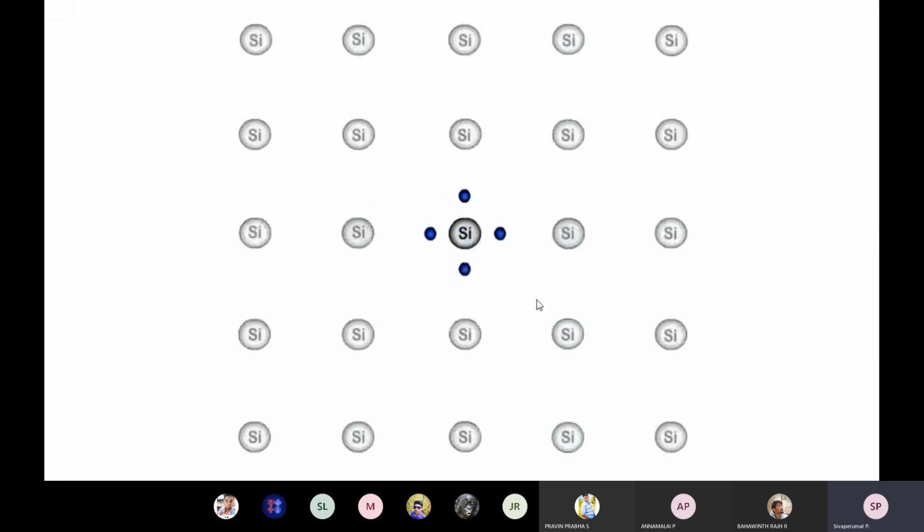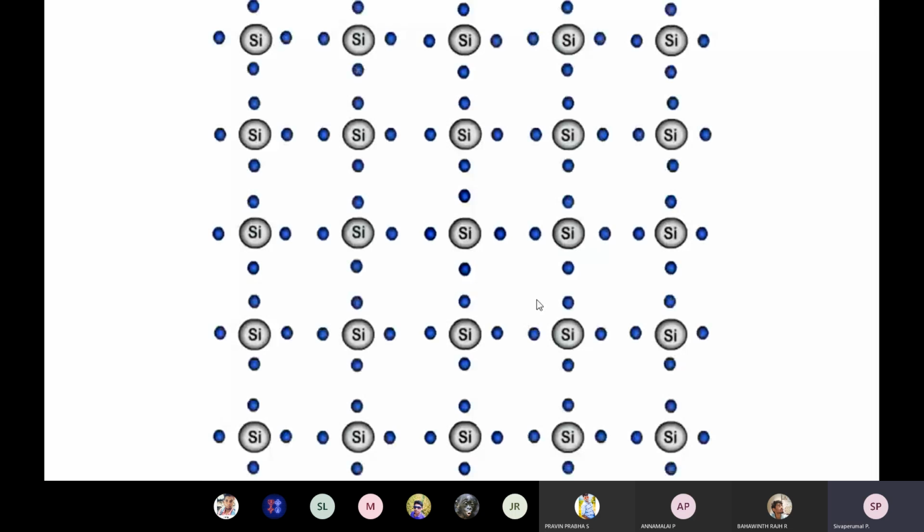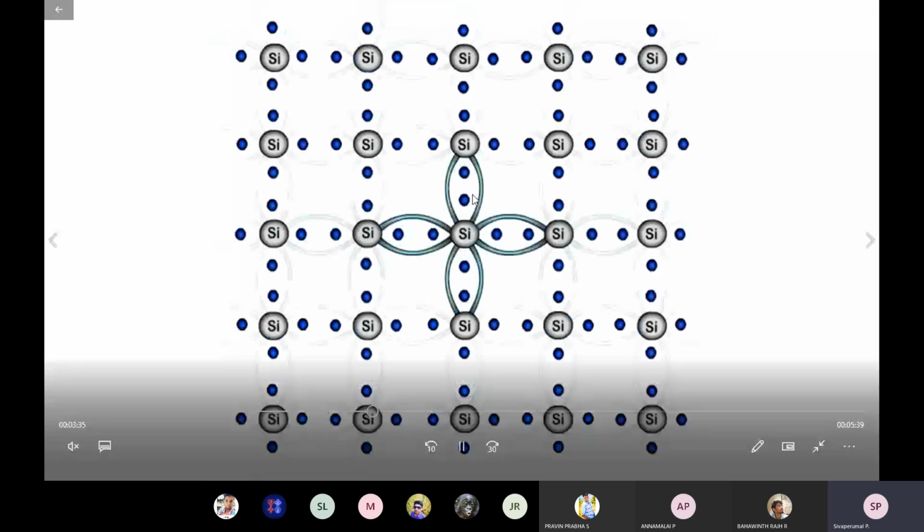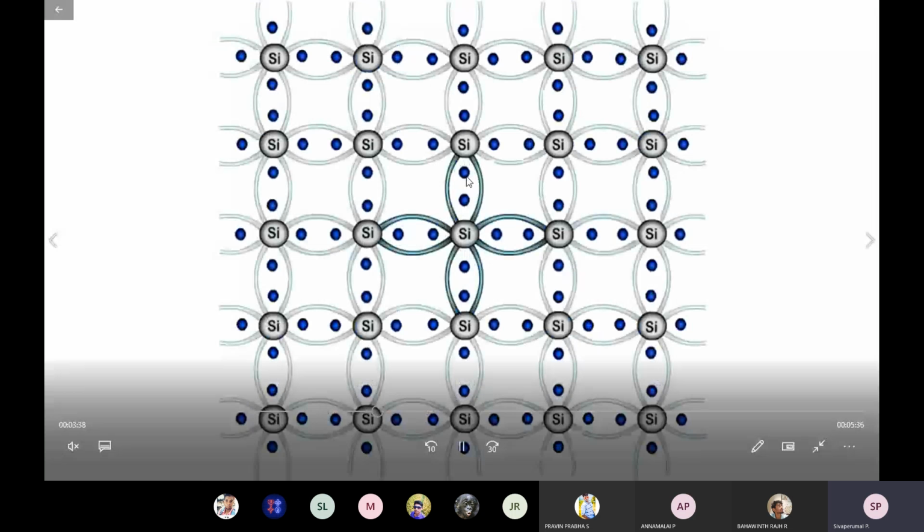The holes are occupied by electrons too. In the central positions, one silicon atom combines with another, so it becomes 8 electrons.